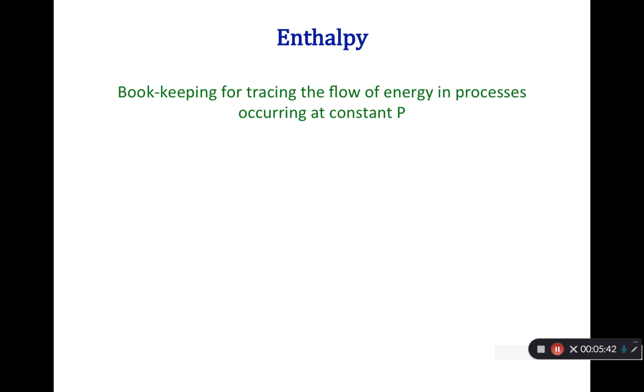Enthalpy for us is a number that we use for bookkeeping, for tracing the flow of energy in most processes that we are concerned with, which occur at constant pressure. So chemical or biochemical reactions in the cells are mostly occurring at constant pressure.